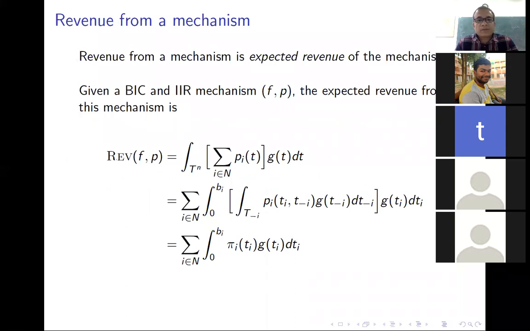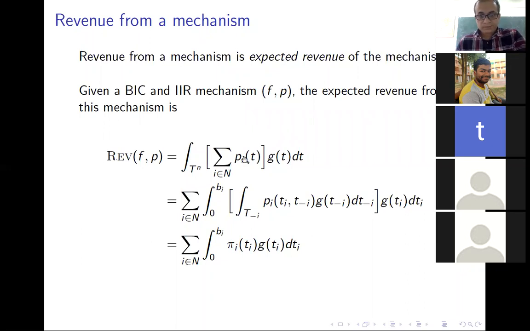Okay, so it will be useful to write down the expression of expected revenue of a given mechanism (f, p). This is what the mechanism designer, the seller in this case, would be computing before committing to a mechanism. When she's thinking about the mechanism, she's thinking that if she implements this mechanism, which is, let's say, Bayesian incentive compatible and individually rational, then the expected revenue that she will get is this.